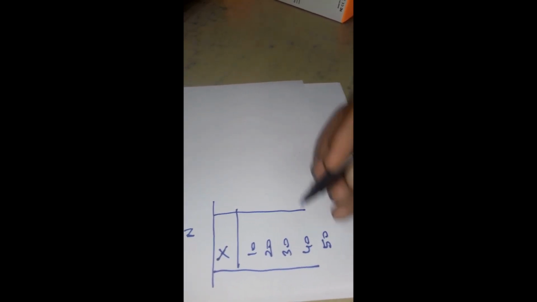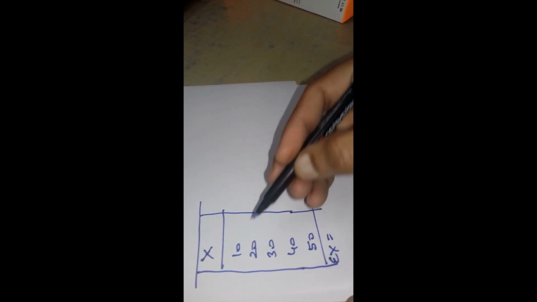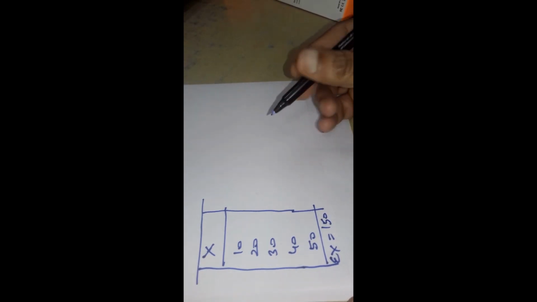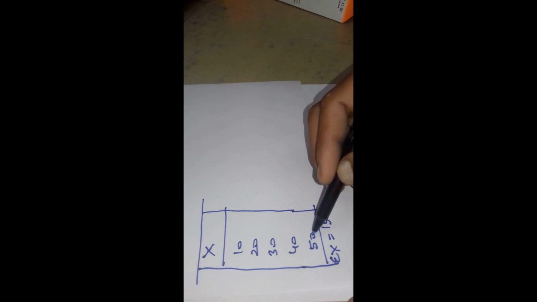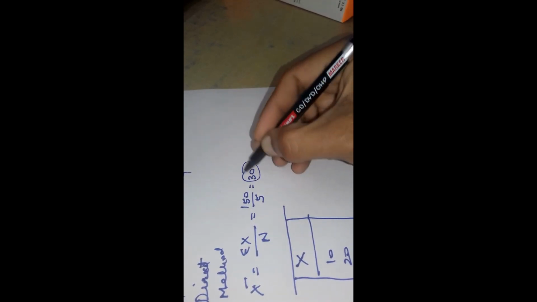If we have to find the arithmetic mean for this, let's make the sum total of x, that is summation x equals 150, and the number of observations, n, is 1, 2, 3, 4, 5. So we can put it in the formula, that is 150 over 5 equals 30, and 30 is the answer. That's it.